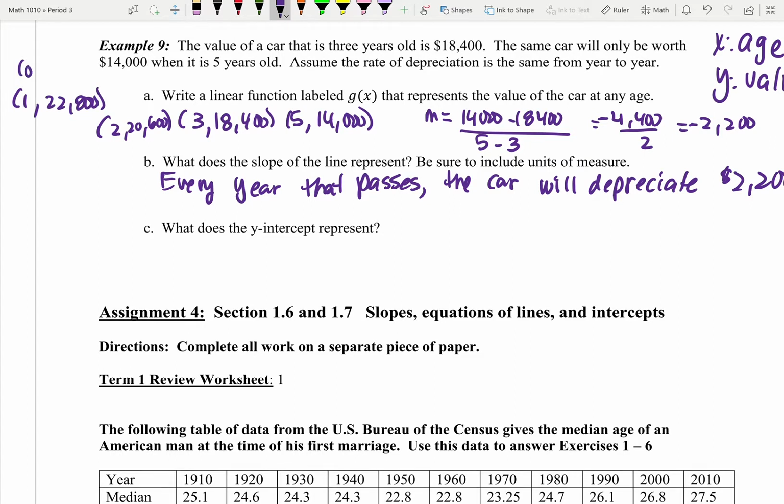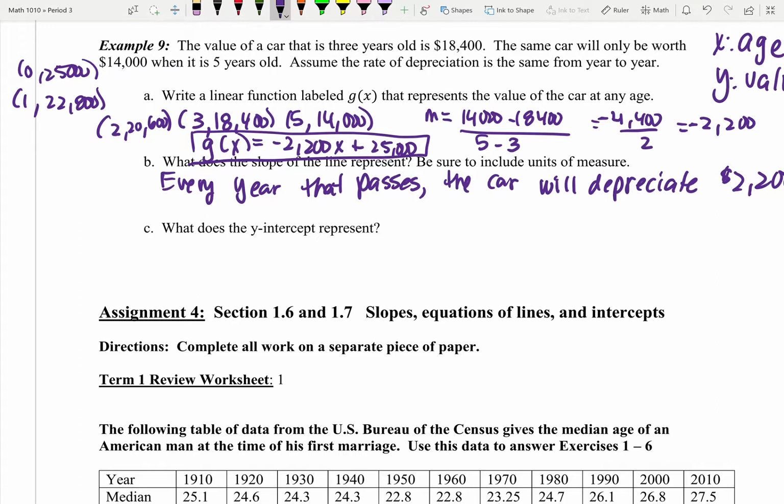Then go to year 0. So add another 2,200, and that gives you 25,000. So the equation in part A is g of x equals, the slope is negative 2,200. So it's negative 2,200x plus, can anybody tell me what to put right there? 25,000. Yeah.